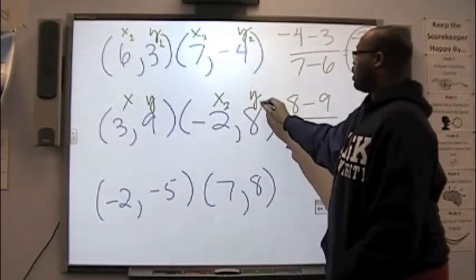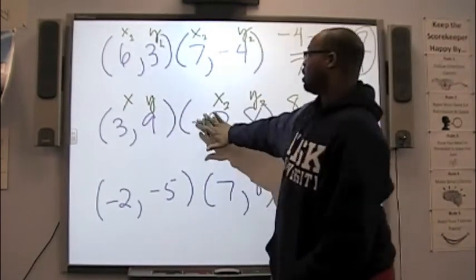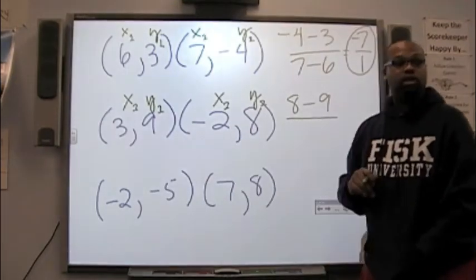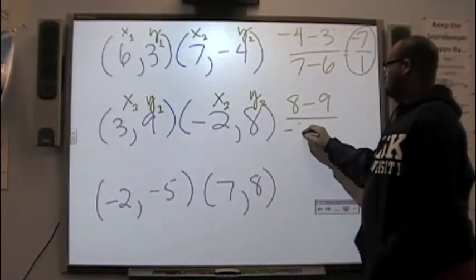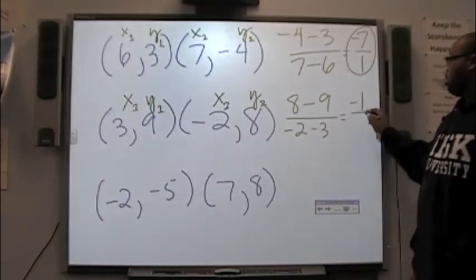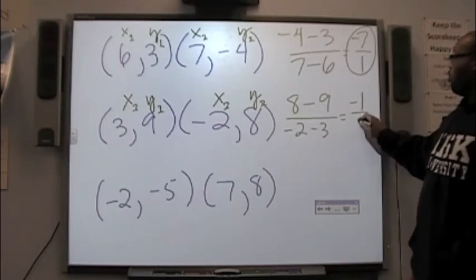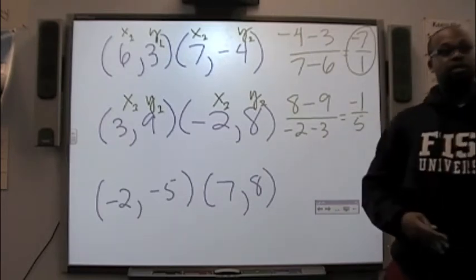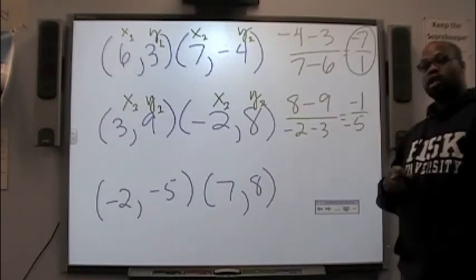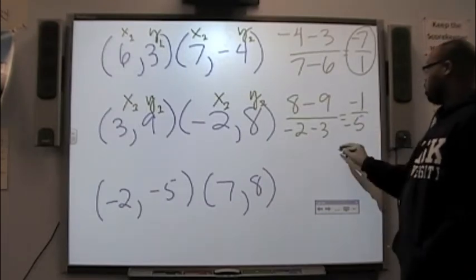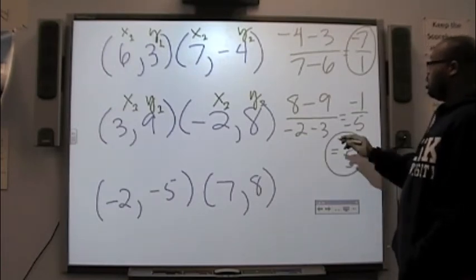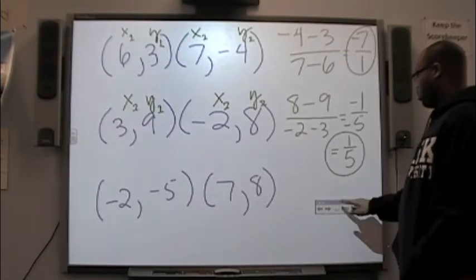If I'm going to use final minus initial, I would have to state the -2 first. So it would be -2 minus 3, which is 5. So I'd have -1 over -5. I'd have to make that a 5, but if I have the same sign, I add and keep the sign in the end. But if I divide two negatives, sir, what's that going to be? Positive 1 over 5. And that's my slope for those 2 points.